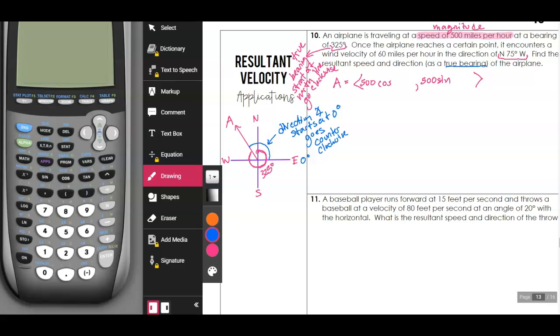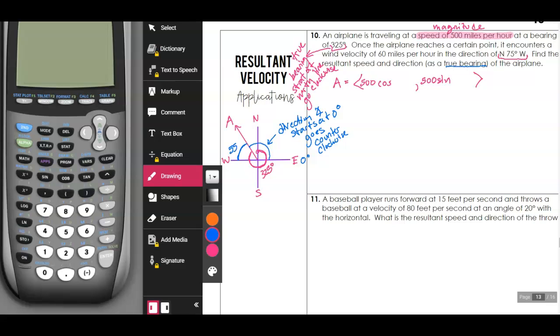How'd you get that, Sophia? I did 90 minus 55 and then added 35 to 90. Perfect. That's exactly it. As always, there's many ways we can figure this out. What Sophia did, she remembered that we went past 270, 55 degrees to get to our vector, right?